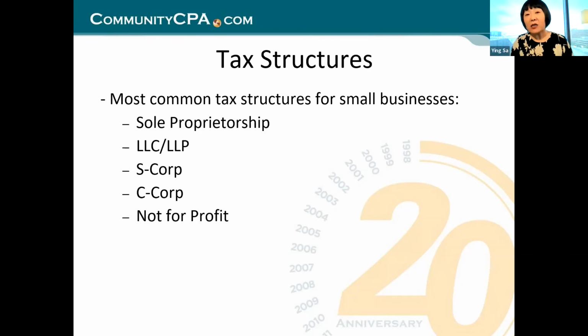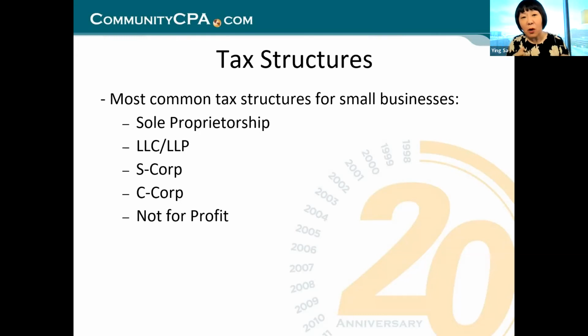But in the tax world, you are acting like a sole proprietor. You're paying sole proprietor taxes. You are no different than anyone who is a sole proprietor, other than your company has an LLC behind it, and that's more of a business risk than the legal side of things the attorney was talking about. So LLC, LLP really is a partnership.